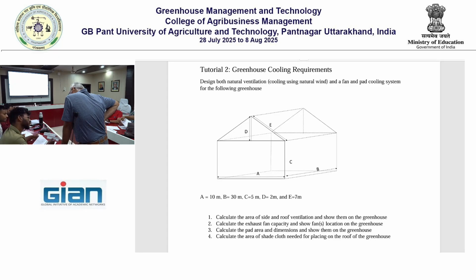Sorry, I'm confused. Why did you go to that number? Air velocity specification is 250 CFM, 250 feet per minute. But let's go back. You are now working on the second question or the first question? First question. The first question is about the area of the side and roof ventilation, right?